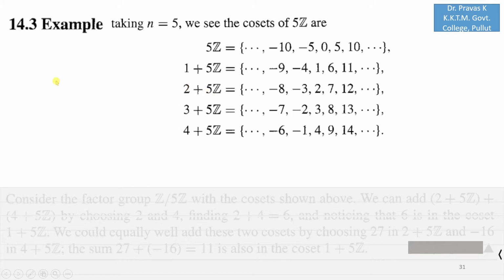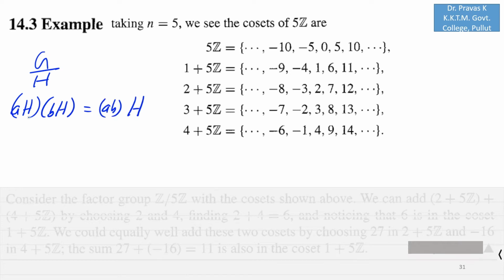As per our result, G/H forms a group under the binary operation aH times bH equals abH, where aH is a coset of H in G containing a, bH is the coset containing b, and abH is the coset containing the element ab.